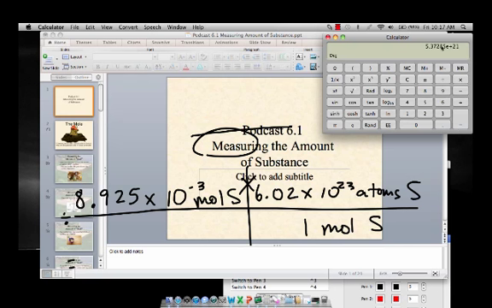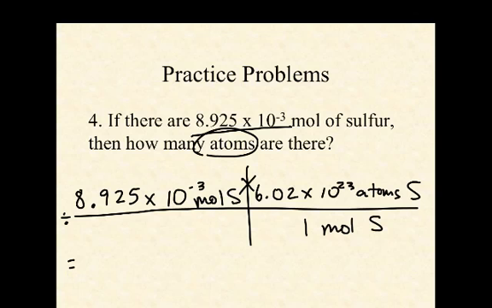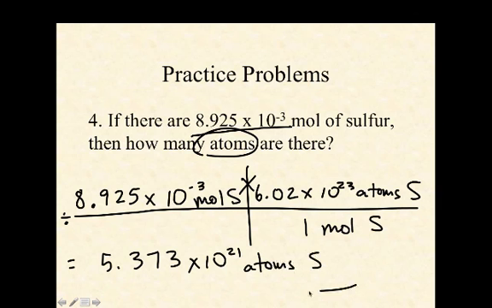So 1, 2, 3, 4. After that 2, I've got an 8, so I better round that up. 5.373 times 10 to the 21 atoms of sulfur.